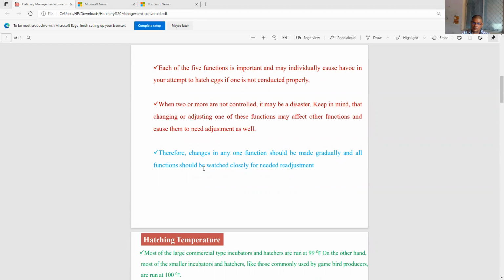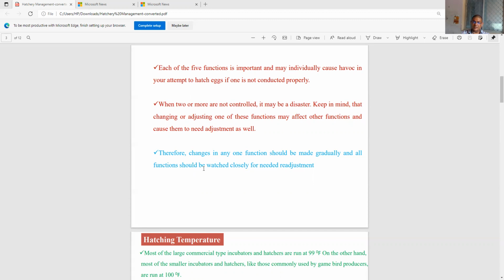Among them, if one of the components is not functioning properly, then it produces havoc. And if two or more are not controlled, it may be a disaster.